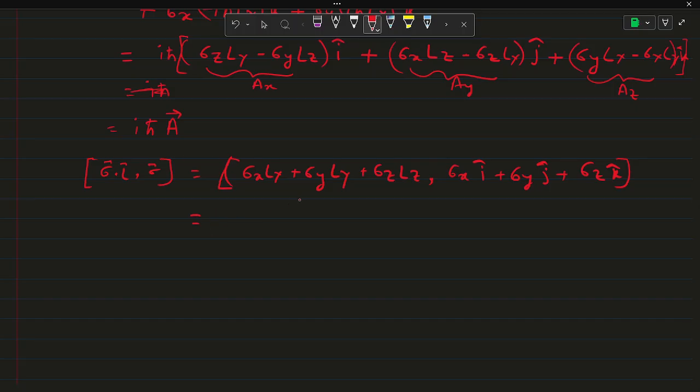Now again we can write here sigma x Lx will be 0, so here the first part we can neglect.